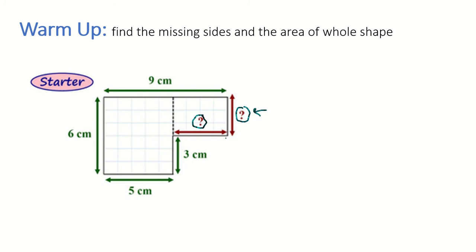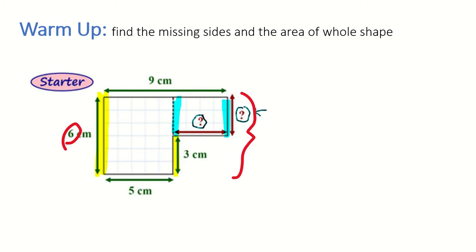Let's notice that right here it is 6 centimeters long, and then over here it is 3 centimeters long. So that means this missing side, if it's right here, the same thing would be there. So this whole side needs to match this 6.